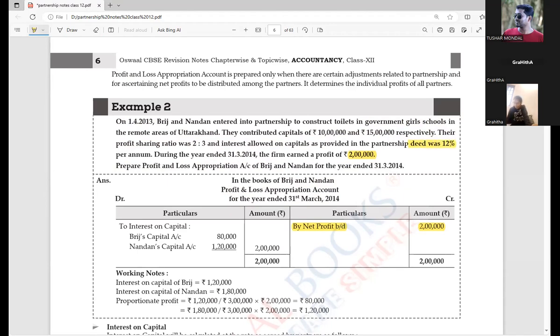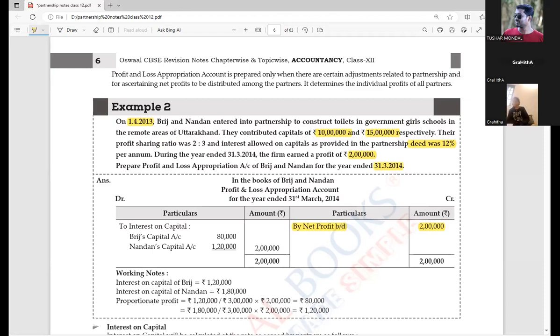So 12% of 10 lakh, and 12% of 15 lakh. But we also need to know when the contribution was made: 1st April 2013. So it is a full year, till 31st March 2014.